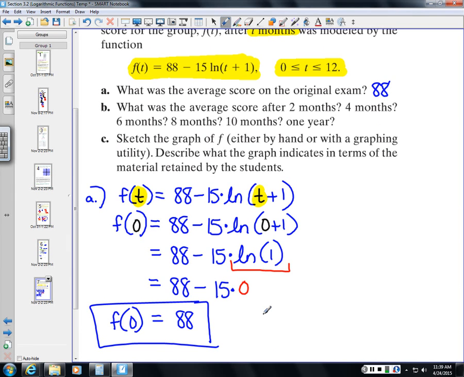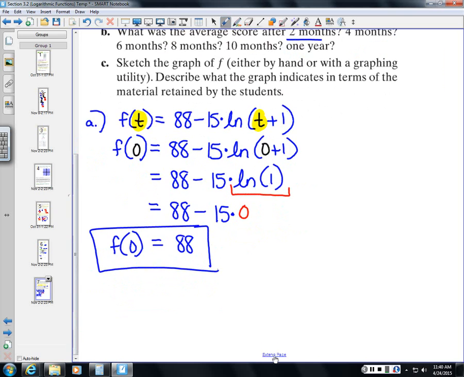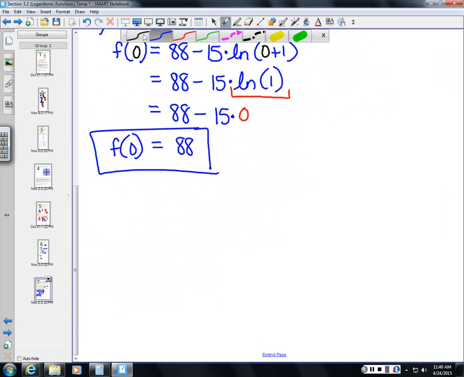Okay, so from there, part B says what was the average score after 2 months, 4 months, 6 months, 8 months, 10 months, and 1 year. Guess what we plug in for 2 months? That's our time. Plug in 2, plug in 4, plug in 6, 8, 10, and 12. So this just becomes an evaluation problem, really.